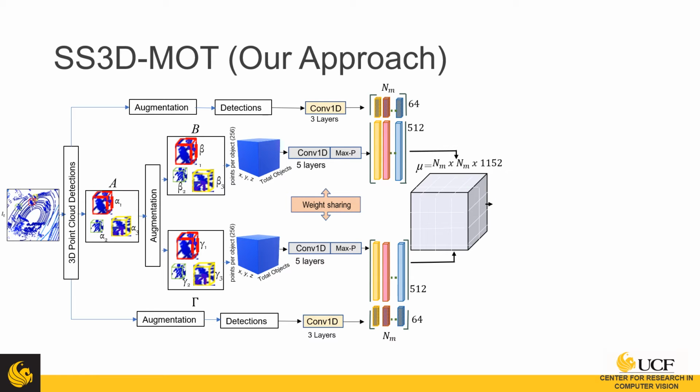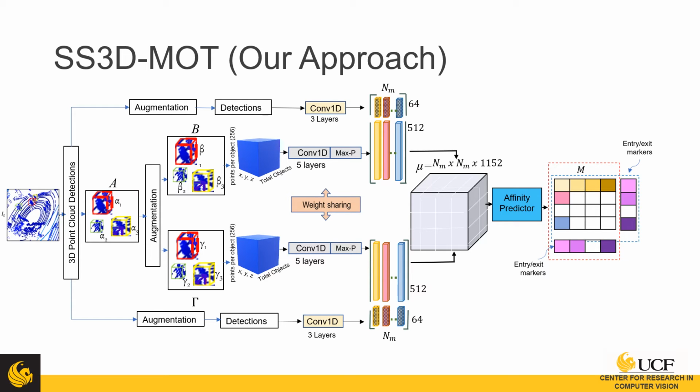We concatenate them, perform exhaustive pairing permutation, and use the affinity predictor, which is a 5-layer convolutional neural network, to extract the affinity matrix M of size n by n. We also append an extra row and column to accommodate objects that are entering and leaving the scene. And we use two types of losses to train this model. One is the forward association loss, another one is the backward association loss.